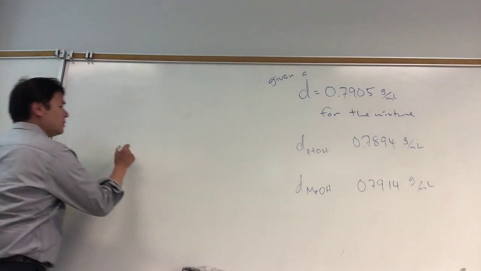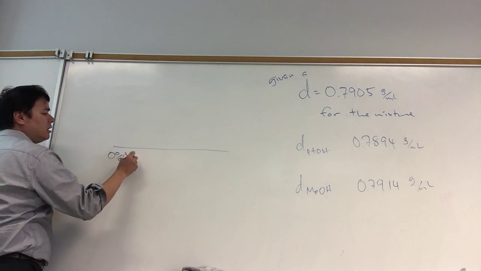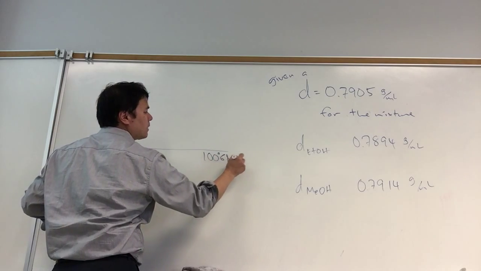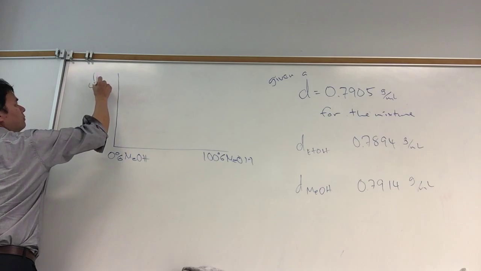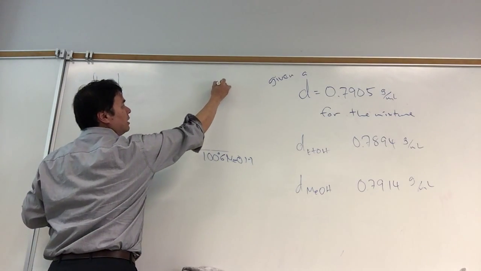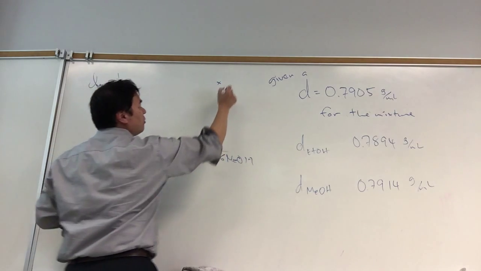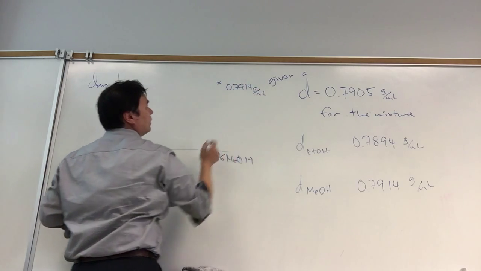And so what I'm going to do is have the x-axis vary from 0% methanol to 100% methanol. The reason is because on the y-axis I'm going to plot the density of the mixture. And the density of the mixture, if it's 100% methanol, should be 0.7914 grams per milliliter.